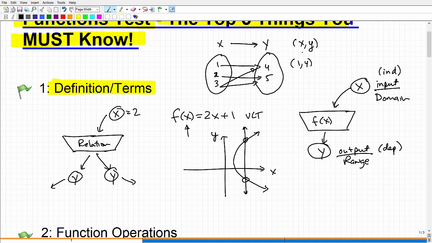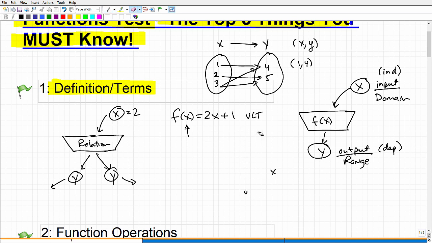So the first big thing you need to know in terms of definition of terms is everything I covered here, and especially how to determine whether something is in fact a function. Lastly, in a real basic way, you need to know how to evaluate a function. So let's say I have this function right here, and I said find f of negative 5.